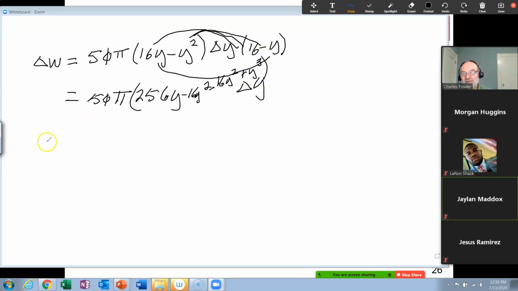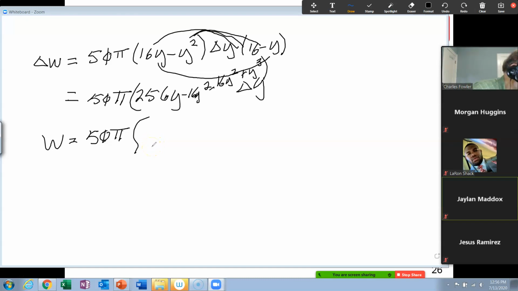I didn't leave enough room, did I? That's what we're integrating. So your total work is the integral, 50 pi out front because that's a constant. Now where are we going from? Y is our variable. We're going from 8 down to 0.